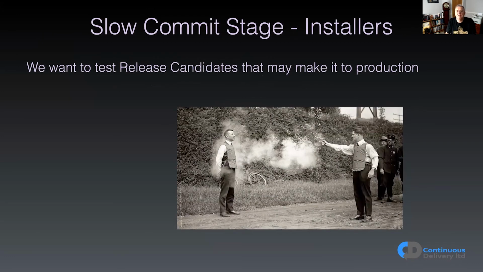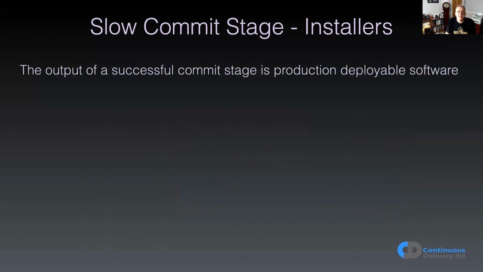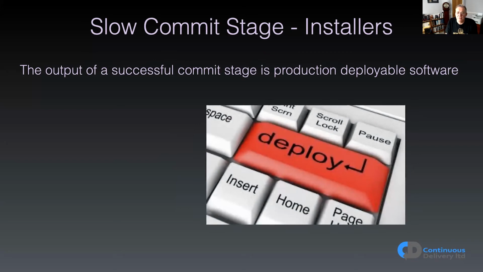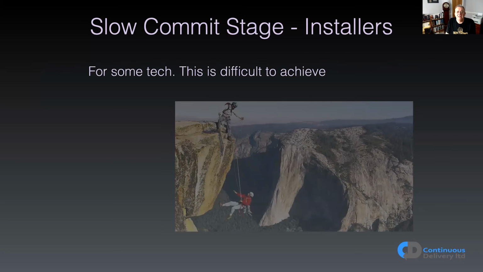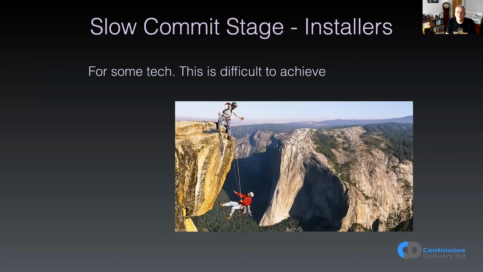The next thing in the commit stage that we're interested in doing is that we want to create a release. We're going to build installers that are our release candidates, the assembly of bits and bytes that we will deploy into production. And so that's what we're aiming to create as a result of a successful commit stage. So the successful commit stage produces one of these deployable things. For some technologies, this is difficult to achieve.